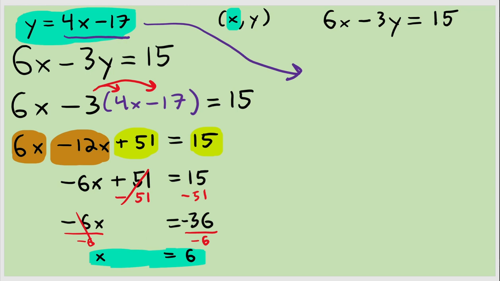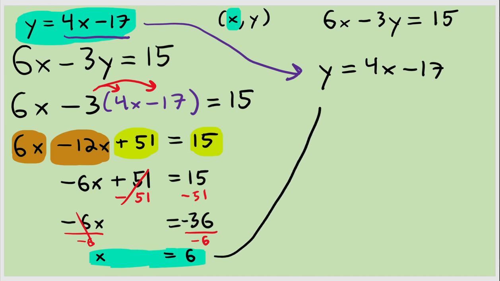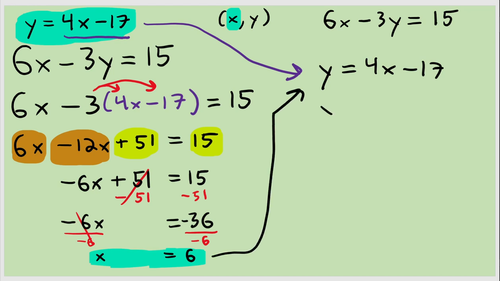I'm going to take that equation, y equals 4x minus 17, and I'm going to plug in the x value I just found into that equation. I'm going to substitute. That's why it's called the substitution method. So when I substitute, I'm left with y equals 4, plugging in 6 for x, minus 17.